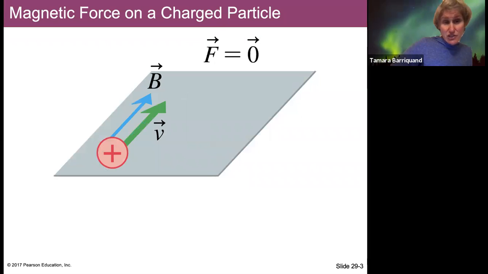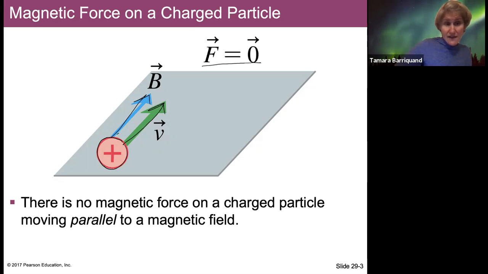Now let's look at a charged particle that is moving in a magnetic field. This charged particle has a velocity indicated by the green vector that is parallel to the magnetic field indicated by the blue vector. Again, we see that the force on this particle due to the magnetic field is equal to 0.